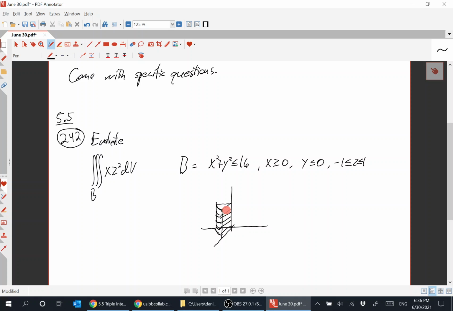So certainly we want to use cylindrical coordinates. This is the x-axis, y-axis. Oh, I'm sorry, -1. So z is between -1 and 1, so it actually goes down here.